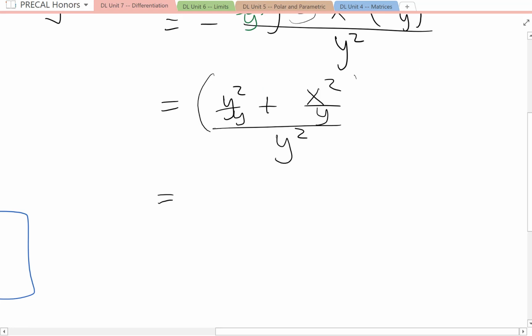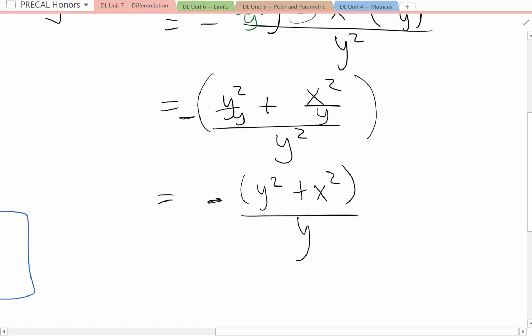Remember that this whole thing is negative, so I'll write it as negative y squared plus x squared over y. So I combine the top, and then I'm going to multiply it by the reciprocal of the denominator.